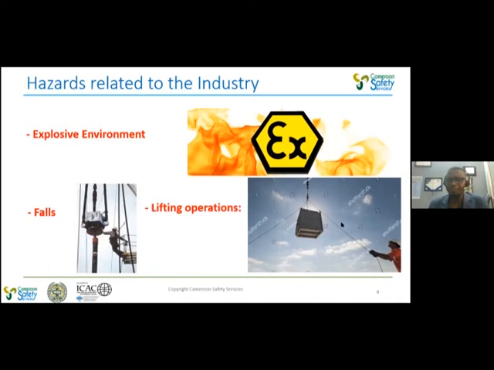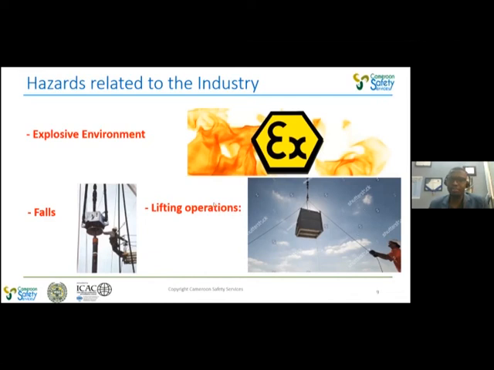A supply boat comes from town with tools or food containers, and these containers or tools have to be transported onto the platform, which is another operation, either by crane, and there could be dropped objects, containers that can drop.